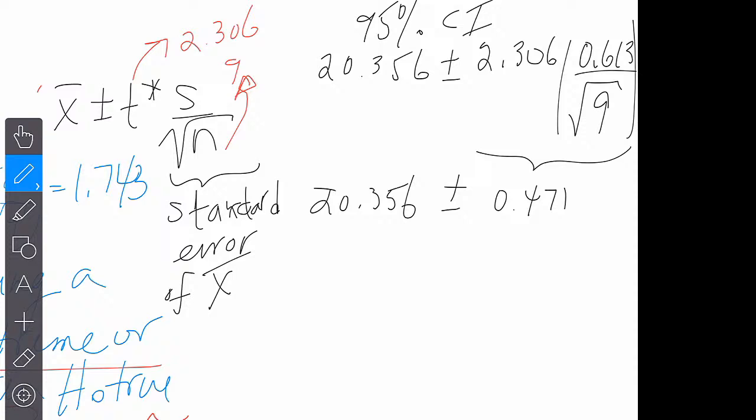So this is saying that give or take 0.471 will give you an interval of values that are close to 20.356. So they are within 2.3 standard deviations from the mean. And I figured out that I got to go 2.3 to get 95% in the middle.